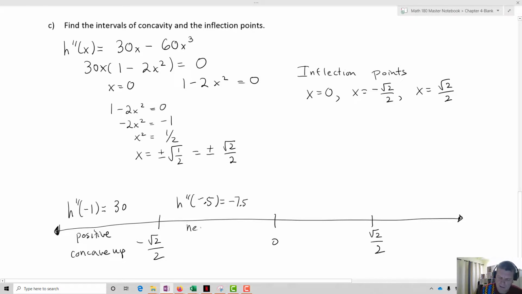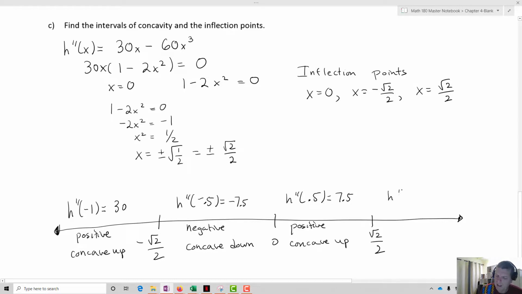And so this is negative, and hence on this interval, we're concave down. Then h double prime of 0.5 is equal to 7.5, and that's now positive. And so on this interval, concave up.